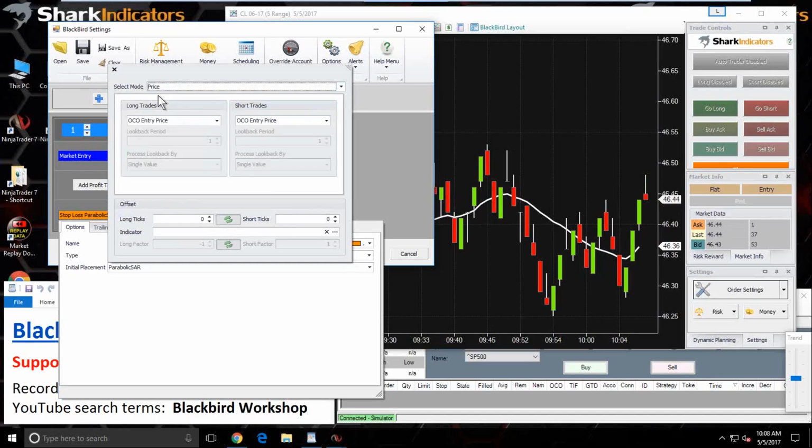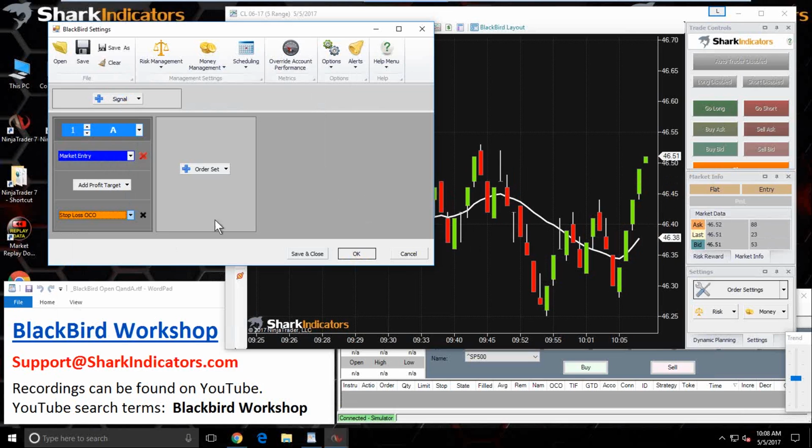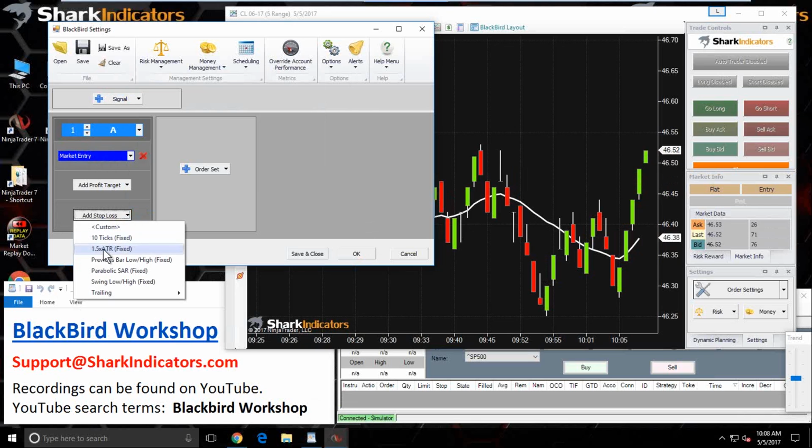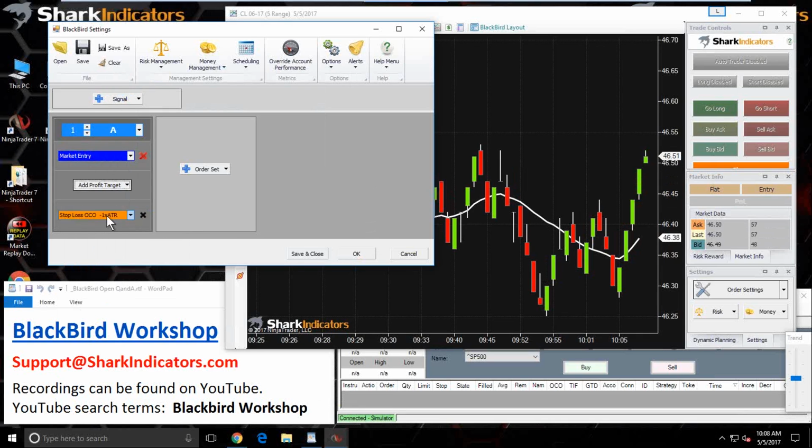So if we switch over to price, we could select the entry price. Wherever the market order gets filled, we can take that entry price once it is known, and then apply an offset. So in this example, let's use the ATR. Actually, let's scrap that and make this easier on us. Let's just use the 1.5 ATR here for our stop loss.